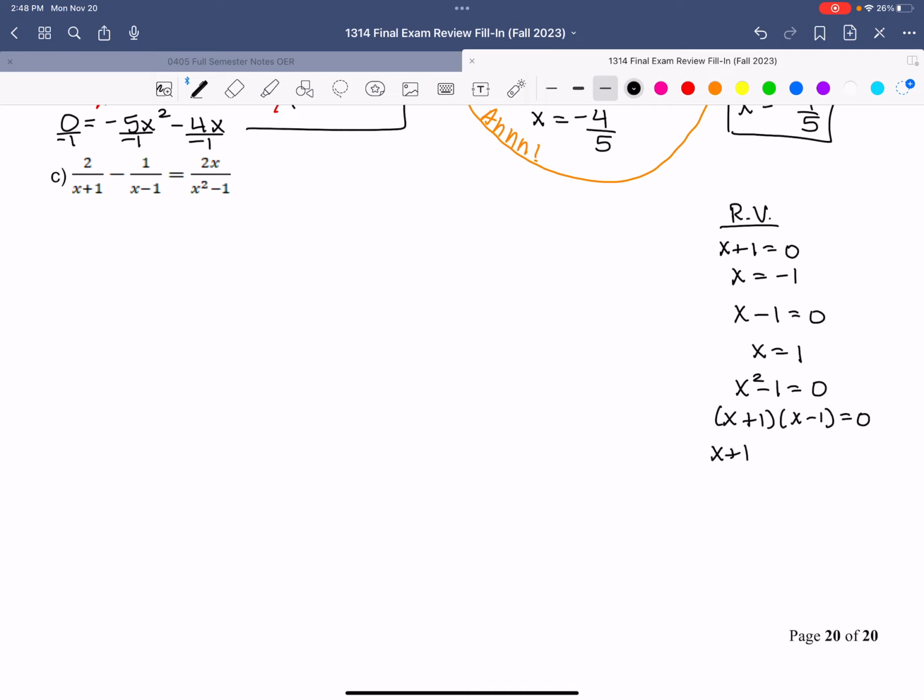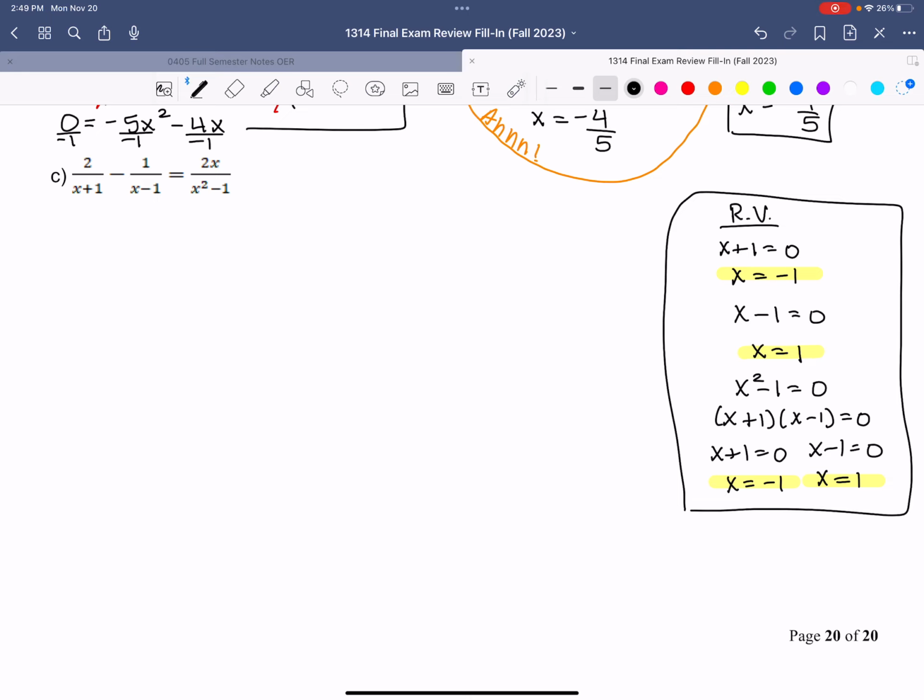So x plus 1 equals 0, x minus 1 equals 0. So x equals -1 and x equals 1. Okay, so we've got -1, 1, -1, and 1. These are all the restricted values there. All right, so let me box that all up there.